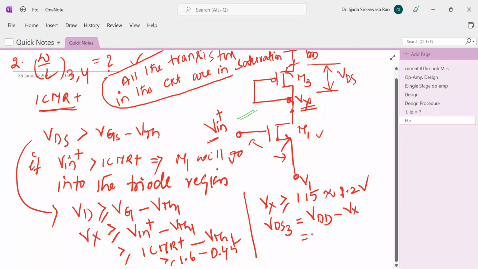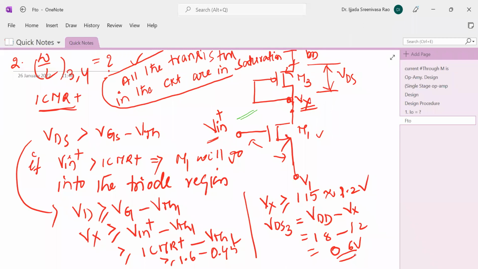VDD is 1.8 minus Vx, how much did you get? 1.2 volts. Then what is the answer? 0.6 volts. That is the VDS3. So you know the Vx value, thereby the VDS value. These two are known.